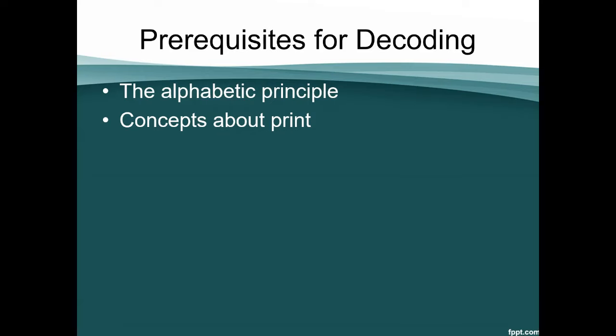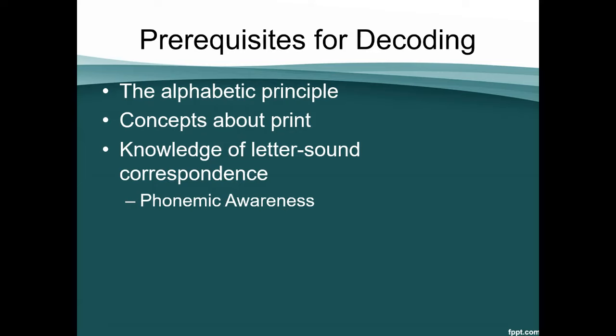For example, a student should learn that in the English language, we read from left to right, while in some other countries, they might read from right to left. So these are just concepts about print. Additionally, they need to have knowledge of letter-sound correspondence. This also relates to phonemic awareness and phonemes in general, which we have addressed prior to now.